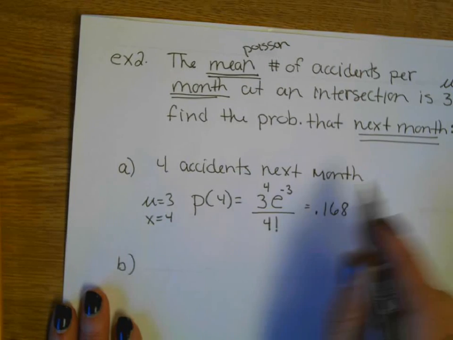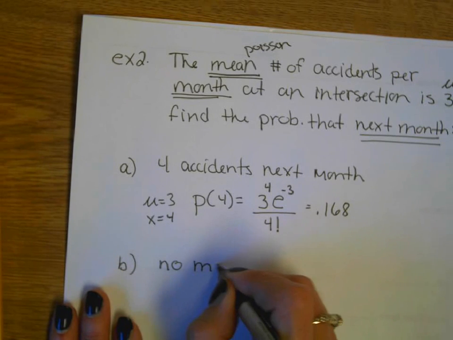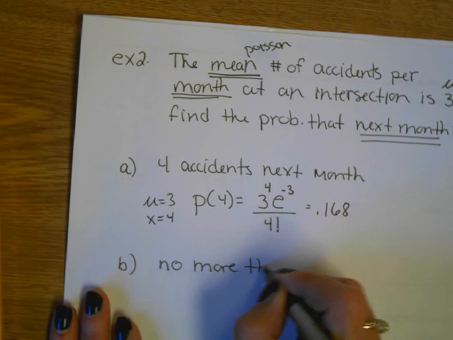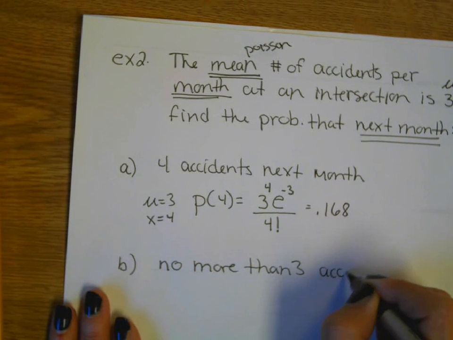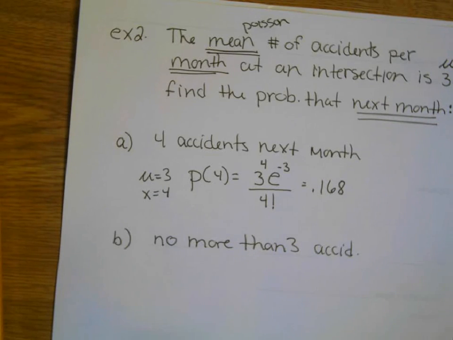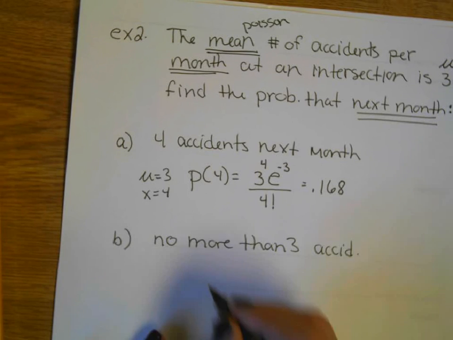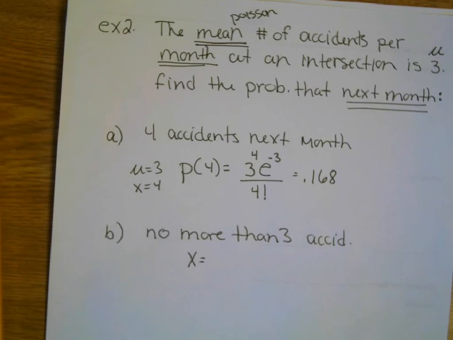Find the probability that next month there are no more than 3 accidents. So what values is X taking on here if I'm saying no more than 3? 0, 1, 2, and 3.